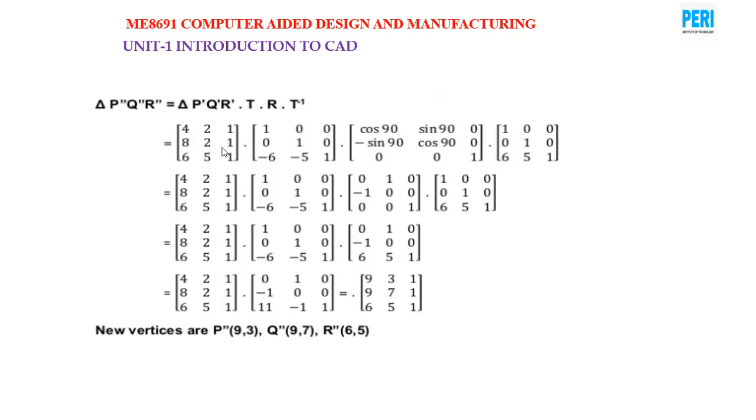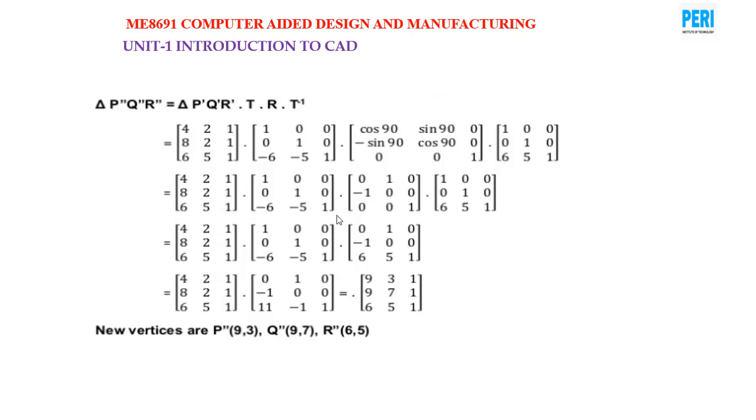Then this is PQR to P dash Q dash R dash. This rotation is anti-clockwise, so we put minus and minus. Theta is 90 degrees. This is the transformation matrix in inverse form, so just take the opposite sign of these two entries, 6 and 5.